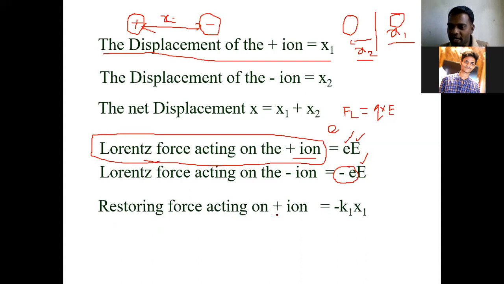The restoring force on the positive ion is equal to minus K1 x1. Here x1 is the distance moved by the positive ion after applying the electric field. We are taking it as negative.